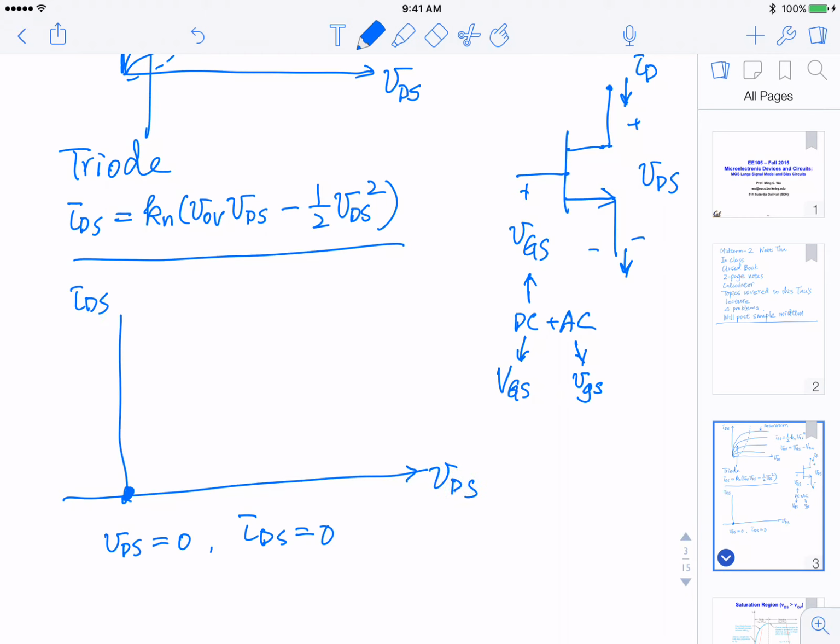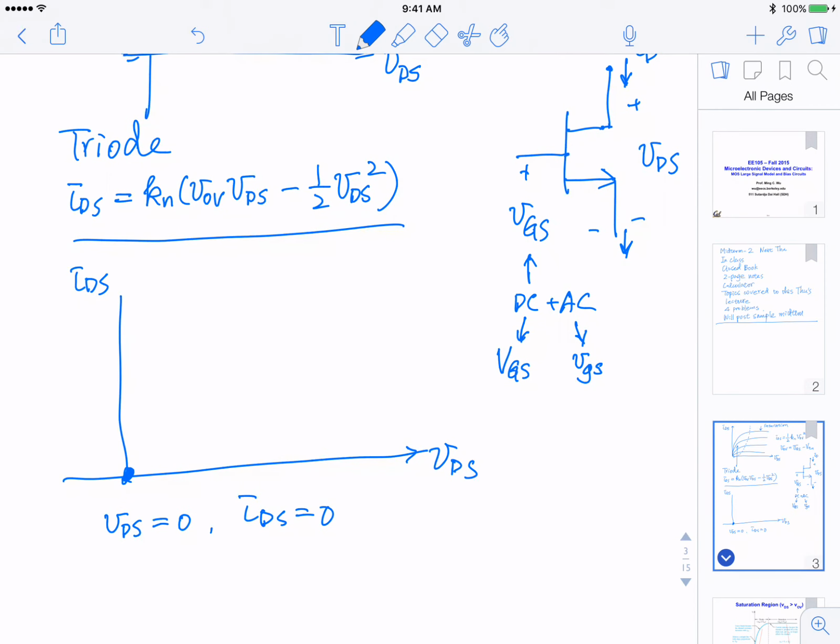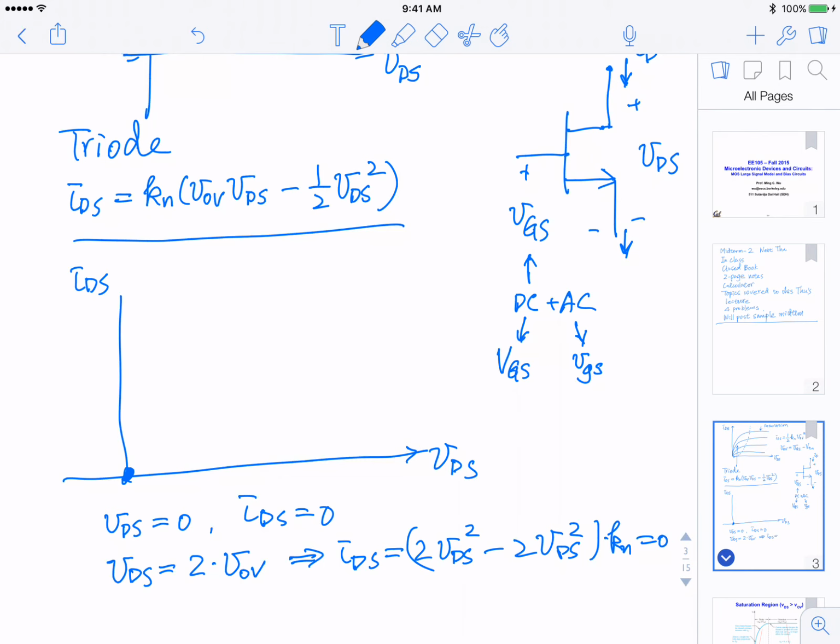Okay. And we also know that you can substitute that in there. If VDS is equal to 2 times V overdrive, IDS is equal to 2 V overdrive squared minus 2 V overdrive squared, times Kn. And so this is still equal to 0. So it is equal to 0 here.